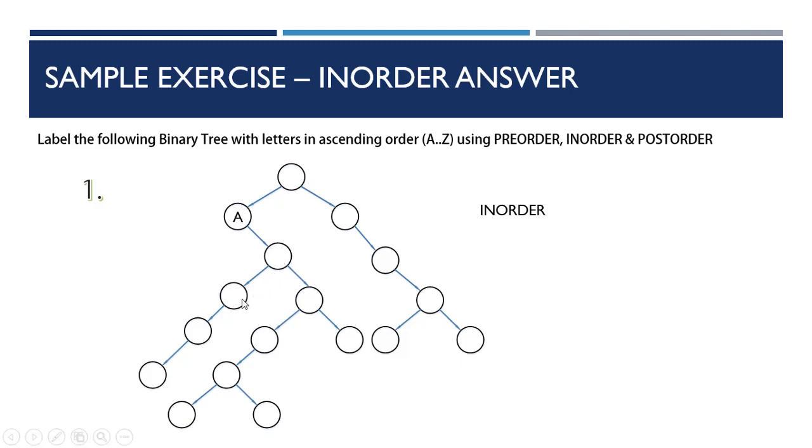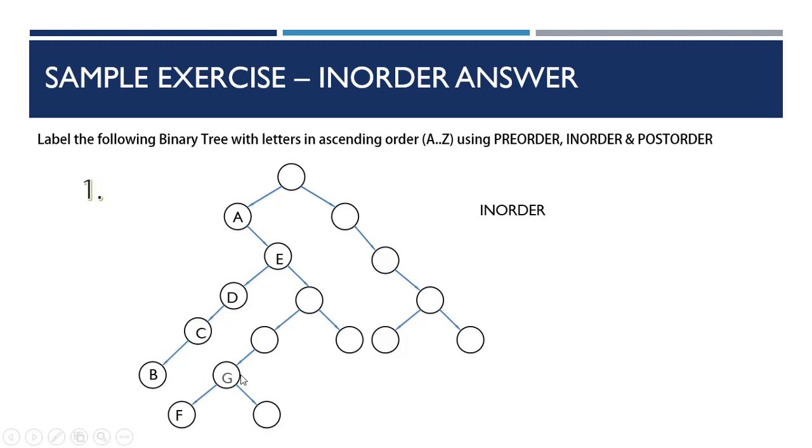So you traverse from the left, then visit the root, then traverse from the right. On the right, if there are still subtrees on the left, you have to proceed to the left subtree. This is the last node of this left subtree, which means this is letter F.